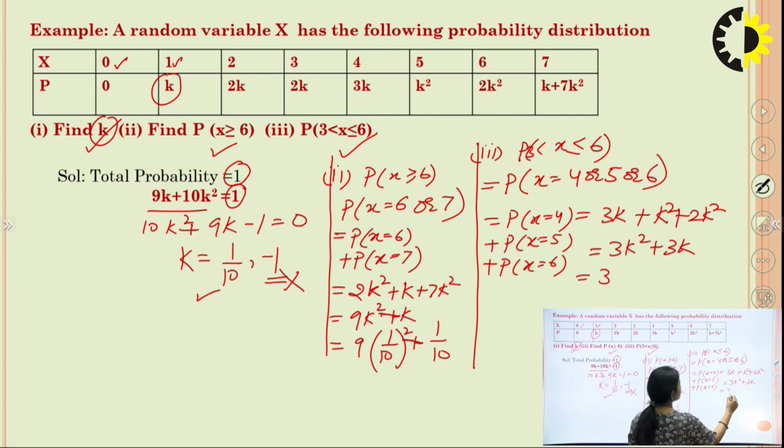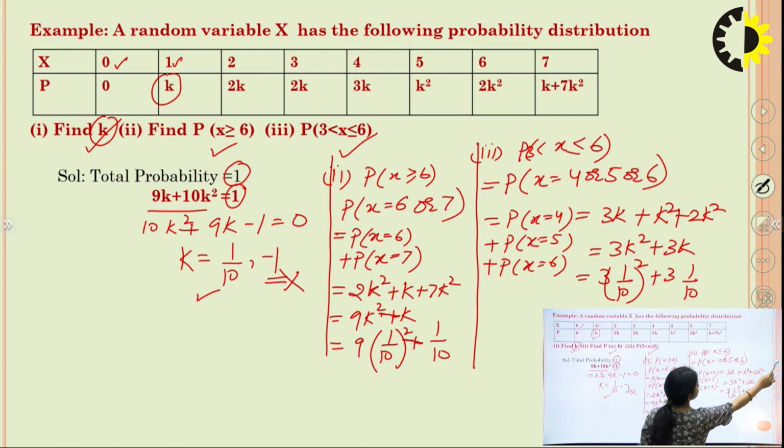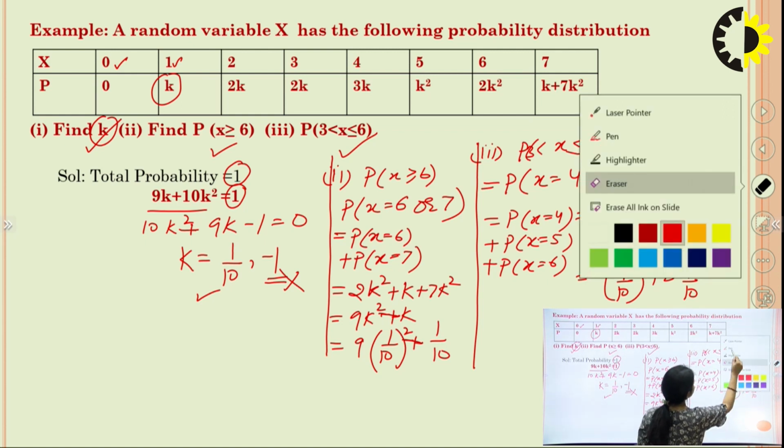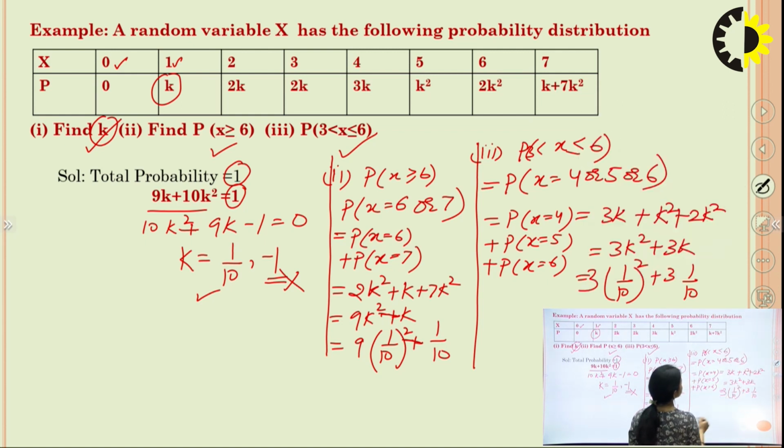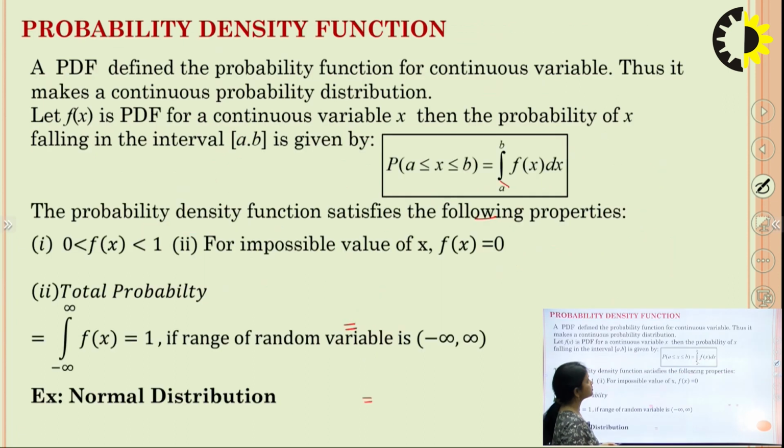Now just put the value of k and simplify it. You can obtain the probability. Nothing else we have to do. Okay, so I hope you have understood this example of finding the value of k or any probability from the given probability distribution.